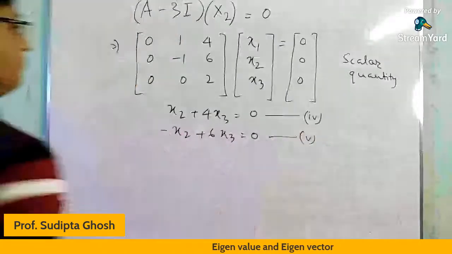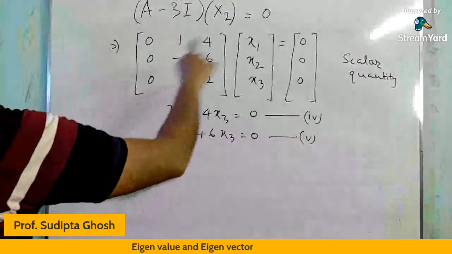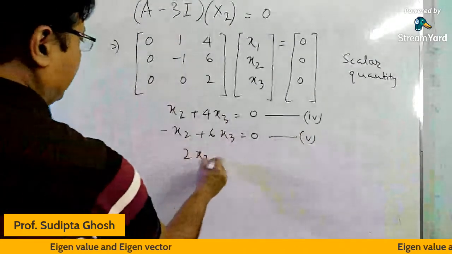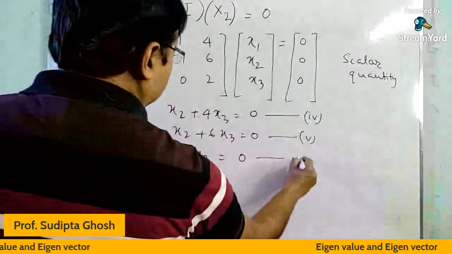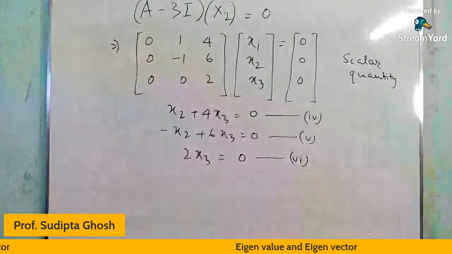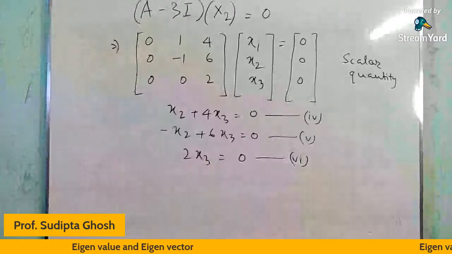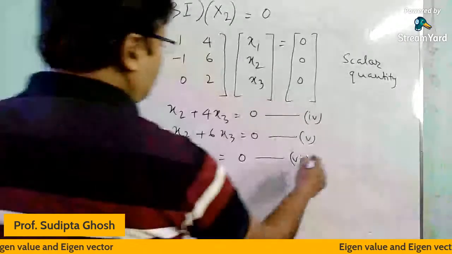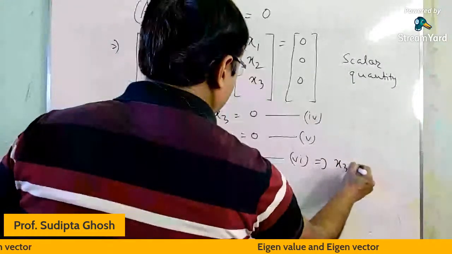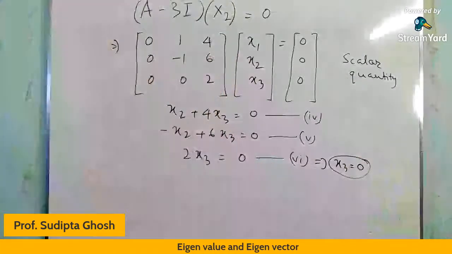Let it be equation 5. And after that, twice x3 equals 0. This is equation 6. Now from equation 6, twice x3 equals 0 means x3 obviously equals 0.